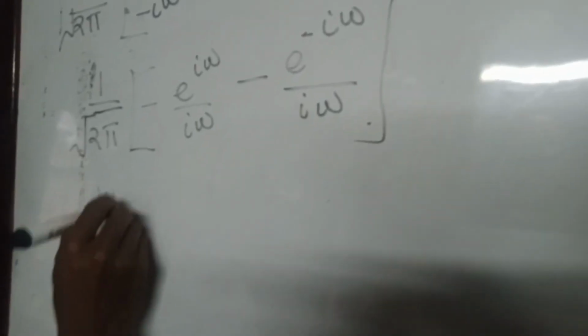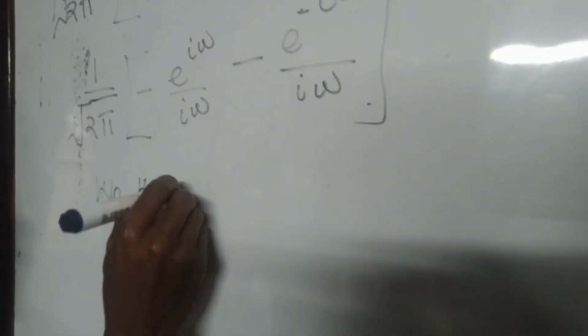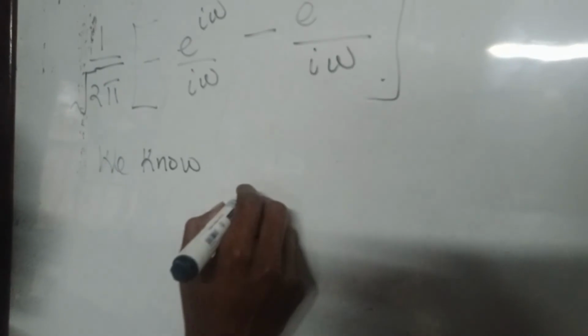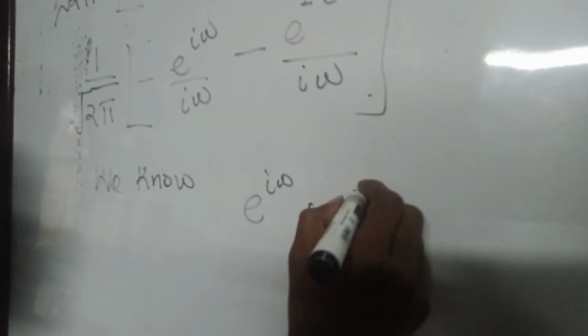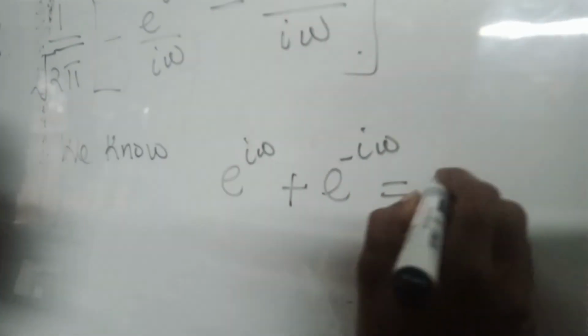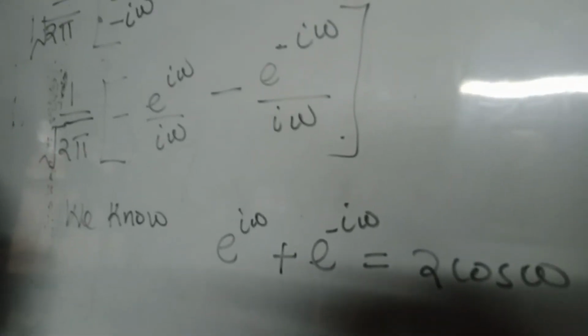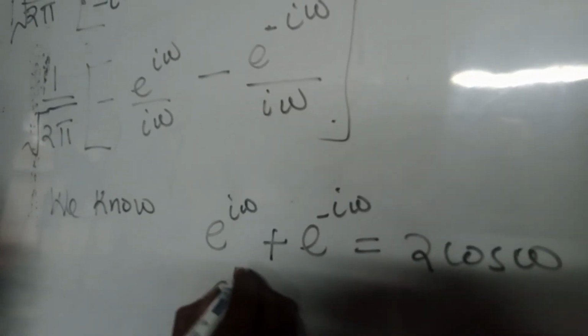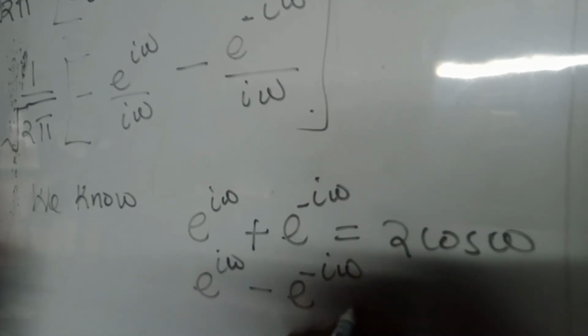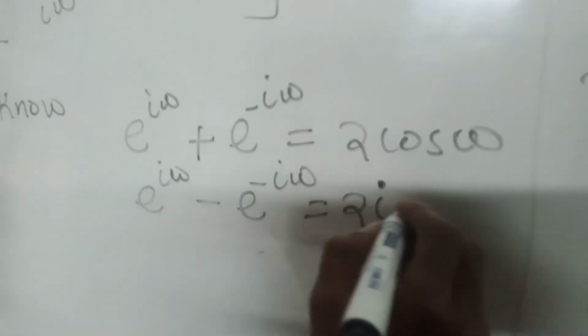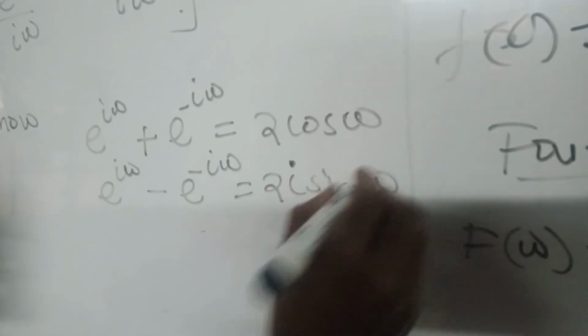So we know e to the i omega plus e to the negative i omega is equal to 2 cos omega. Do we know also e to the i omega minus e to the minus i omega is equal to 2i sine omega.